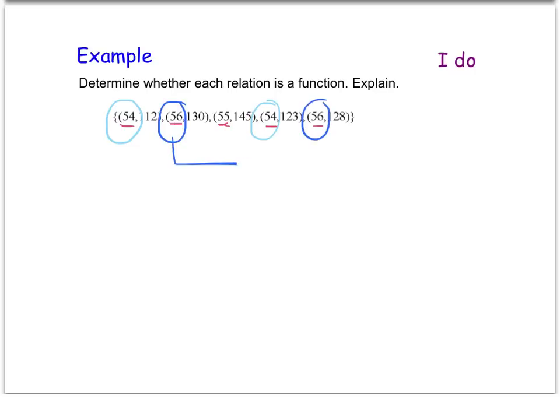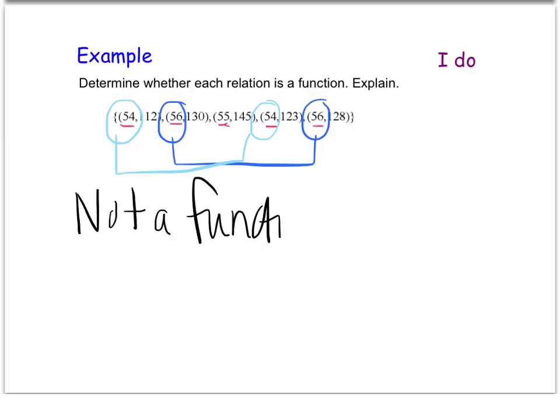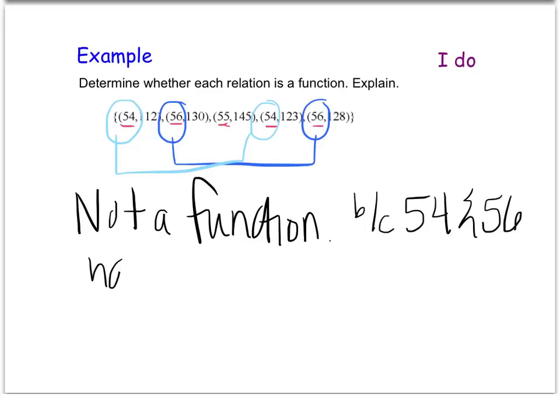Okay, so both of those are repeating, 54 and 54 and 56 and 56, because your x values repeat. This is not a function. Excuse my handwriting, but I'm on my stylus. And the reason why is because 54 and 56 have two range values.